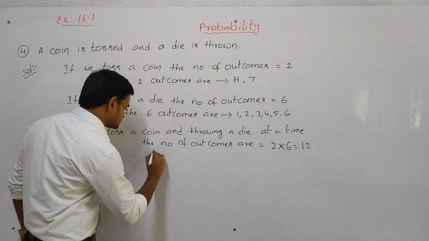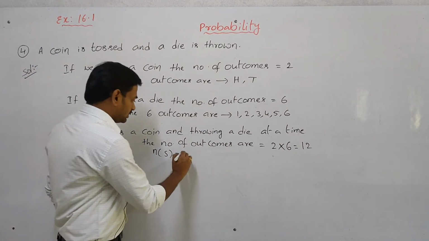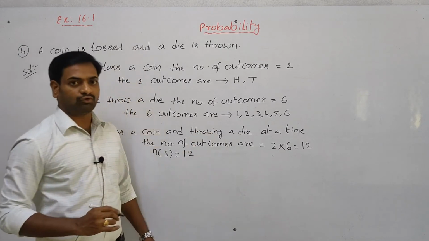That is n of S, the number of elements in the sample space, is 12. Now what are the 12 outcomes?